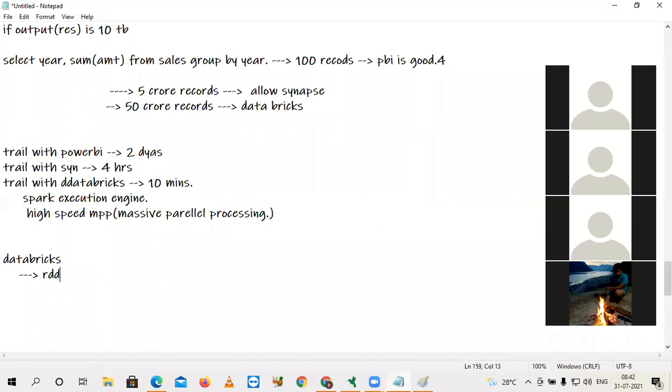When we run Spark, does the backend make use of Databricks? If you run a Spark job in Azure, the backend is Databricks. In Hadoop, Spark is independently available.